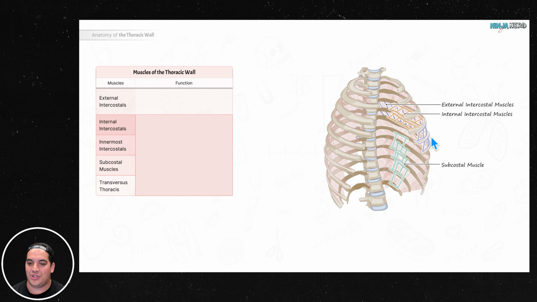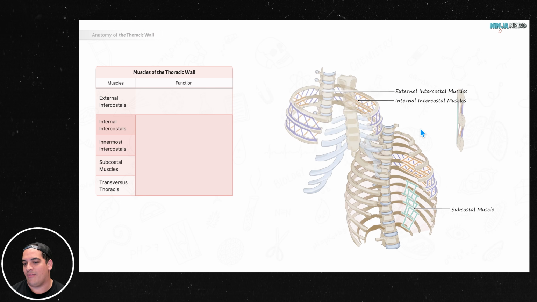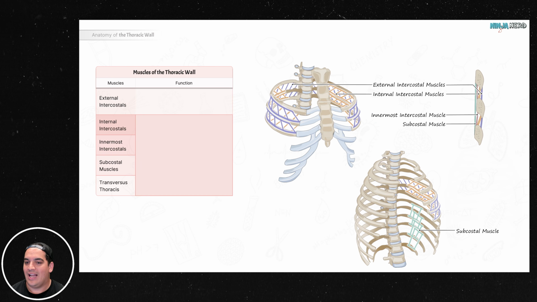You can appreciate here that if it's pulling from here to here, that will help to depress the ribs. You can think about, again, with the internal intercostals, if it pulls down, it's going to contract and pull the ribs downwards. And again, you think about the external intercostals, that's going to be here, it's going to pull this rib upwards. So that gives us a little bit of appreciation of that movement. And again, same thing here, we can see the subcostal pulling that rib downwards.